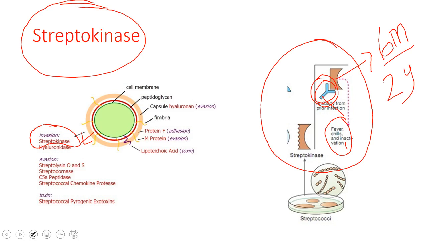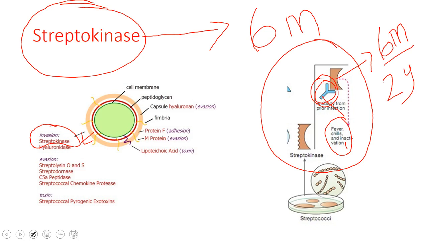So what is the clinical implication? If you have a patient who has received streptokinase within the last 6 months for thrombolytic purposes, you should not give it again.